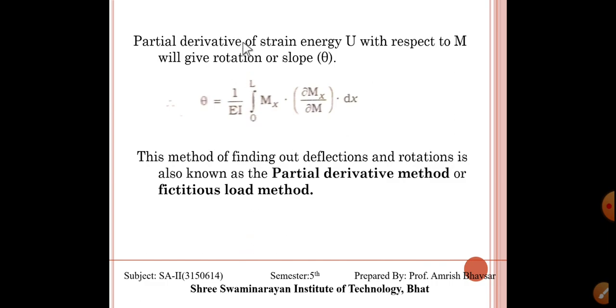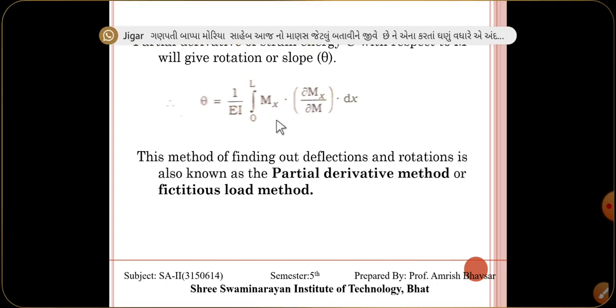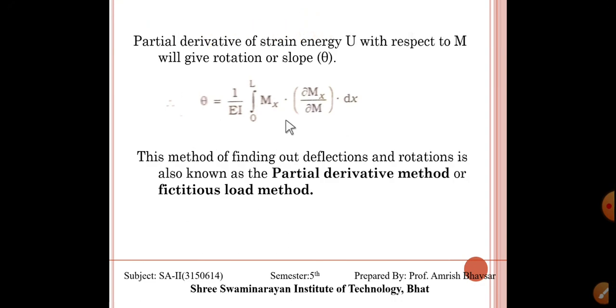Now, the partial derivative of strain energy with respect to M will give the rotation, meaning theta is equal to 1 upon EI integration 0 to L of Mx into del Mx upon del M into dx. This method of finding out the deflection and rotation is also known as the partial derivative method or fictitious load method.